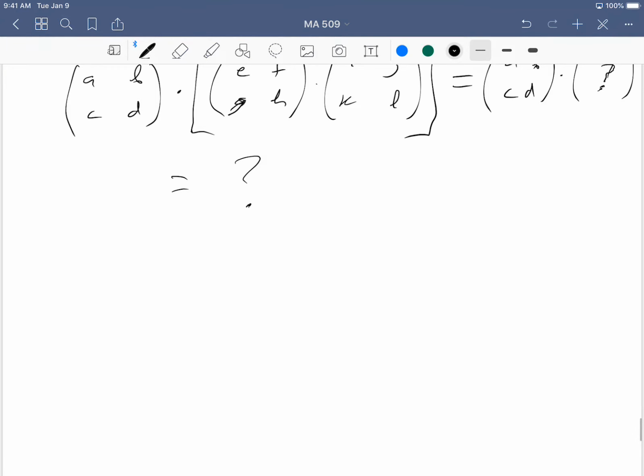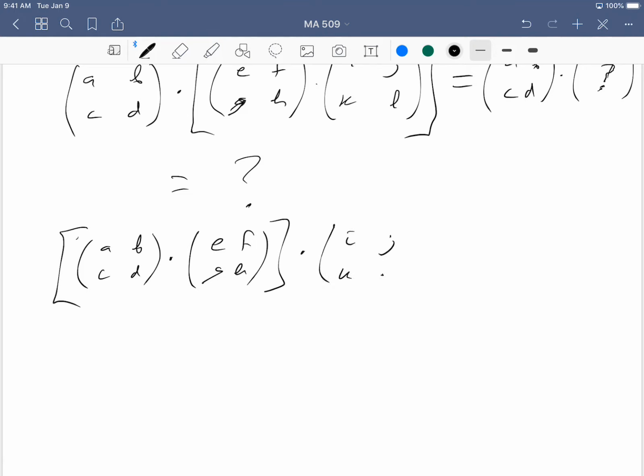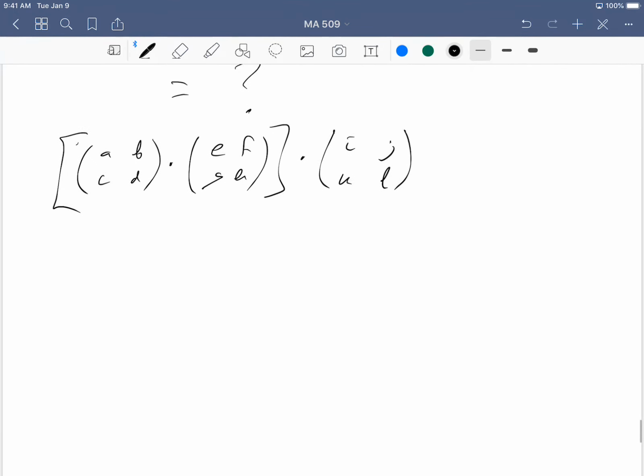Okay, and then I try this again, but associating, doing the first two, ABCD times EFGH, first, and then IJKL. So notice we haven't changed the order of the matrices, we're just changing which two I do first. And so if I wanted to check this one, I'd do that inside product first and see what I got. And then I'd multiply that by IJKL. Okay? And then I do that next product out and see what I get.